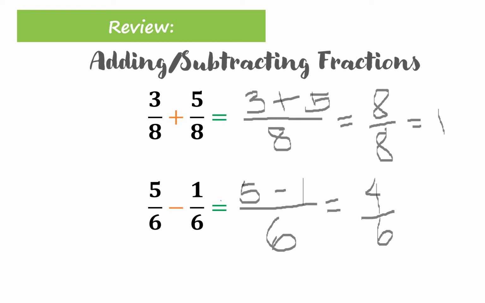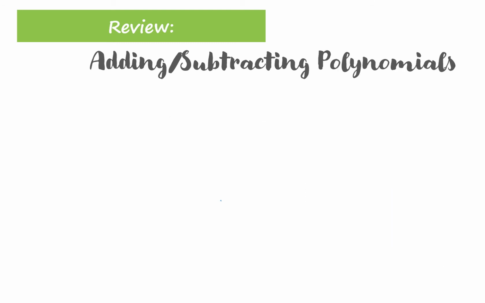Kailangan pa ba siyang i-simplify? 4 and 6 can both be divided by 2, so pwede pa natin kuhanan ng lowest term or i-simplify yung fraction. 4 divided by 2 is 2 and 6 divided by 2 is 3. So that's how we add or subtract fractions with common denominator.